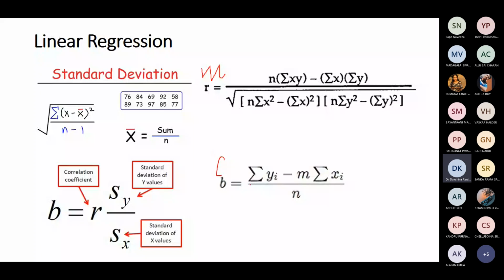So c equals summation over yi minus m into summation over xi, divided by n. This is one form to get the intercept value, and we can use the other form also, where c is given by r multiplied by the standard deviation of y values divided by the standard deviation of x values.